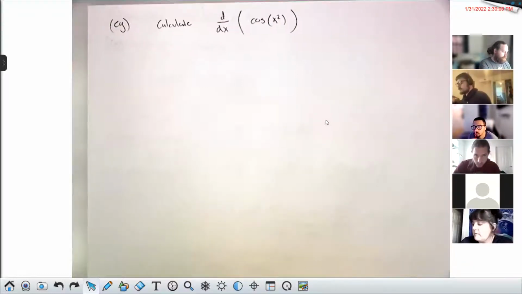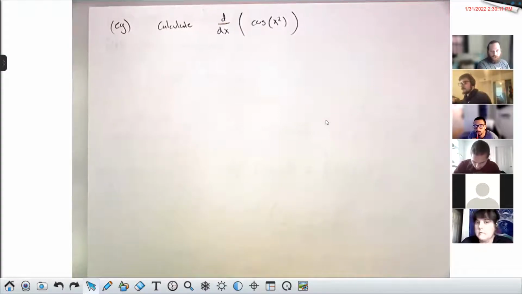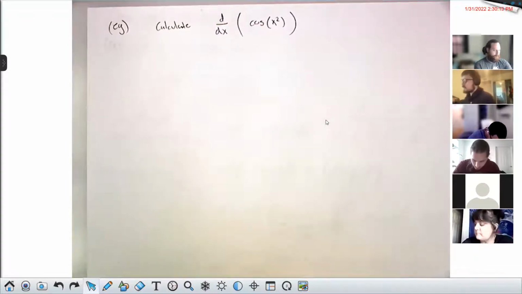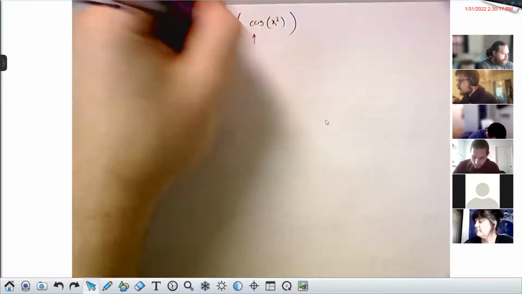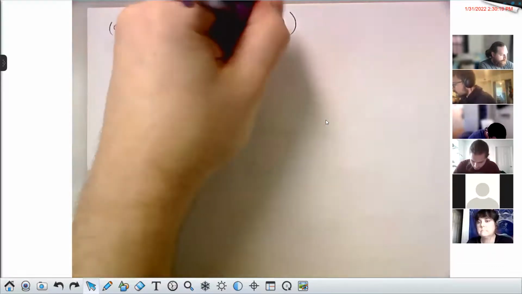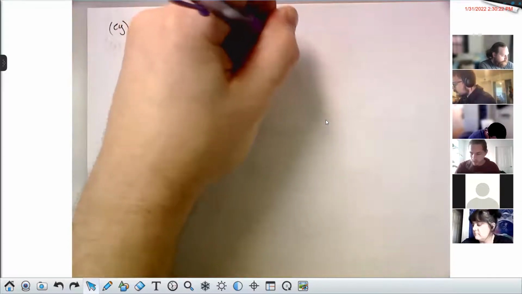Again, the idea is to think of this as an outer function and an inner function. So the outer function is the cosine, and the inner function is x squared.